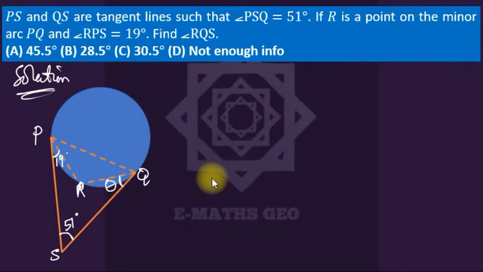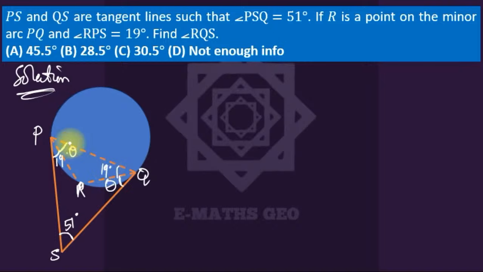Yes, because I need to complete it so that we'll have a triangle. With that, we can solve the question. So what do you have to say? That this angle, remember, alternate segment theorem, is a tangent line, so this is also theta. And also from alternate segment theorem, this is a tangent line, this is 19 degrees.